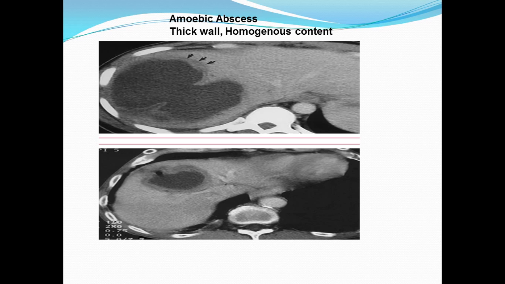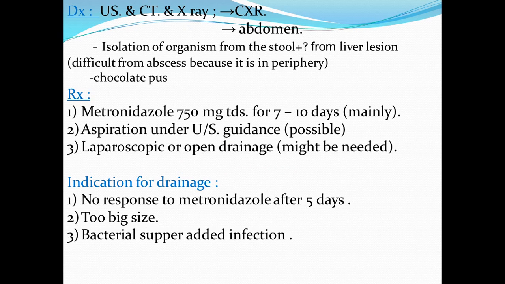This slide shows CT scan of amoebic liver abscess. Thick wall, homogeneous content. Diagnosis of amoebic liver abscess: ultrasound and CT scan, sometimes chest X-ray beneficial.